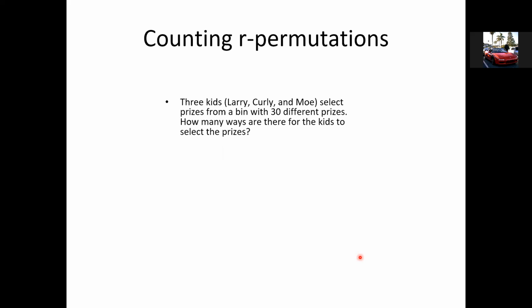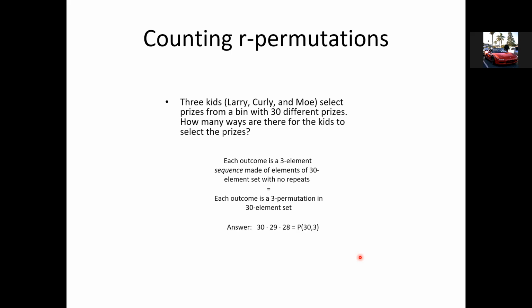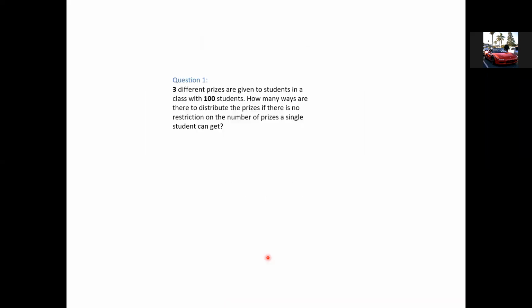So there's 30 choices, but then Curly has a reduced set, it's 29, right? It's a 3-permutation of a 30-element set. So it's a sequence of 3 characters in a 30-character alphabet that have no repetitions. So yeah, as the student says, it's 30 times 29 times 28.